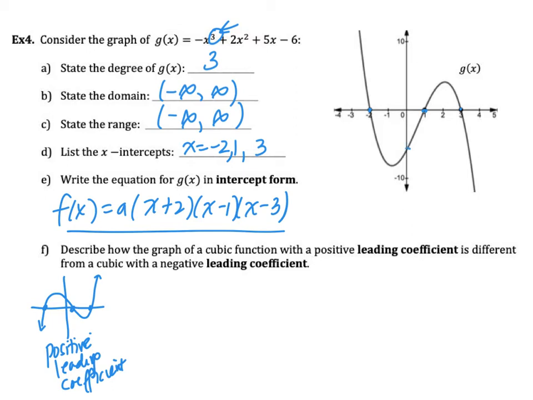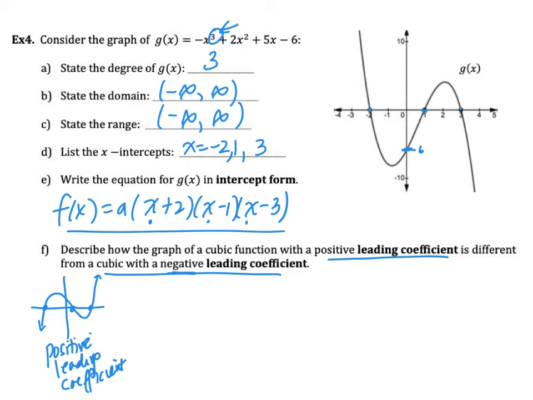Now it looks to me like if you put in 0 for x, it looks like we would get positive 6, is that right? And so we want to get maybe a -6, this is supposed to be, we're not sure, so maybe a is -6, but again, we'll worry about that later when we give you more information. But it says, describe how the cubic function with a positive leading coefficient is different from a cubic function with a negative leading coefficient.